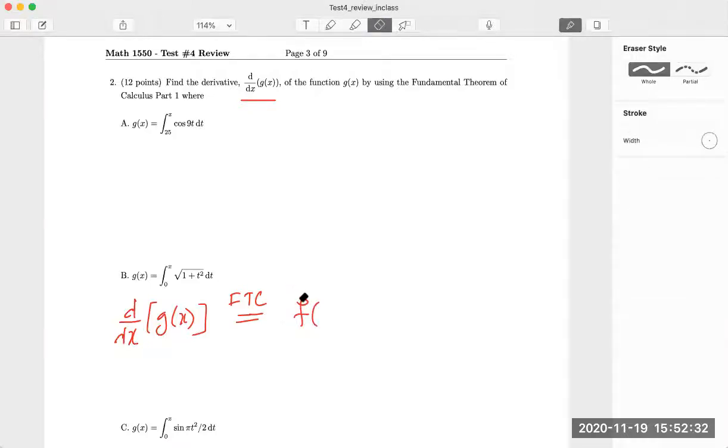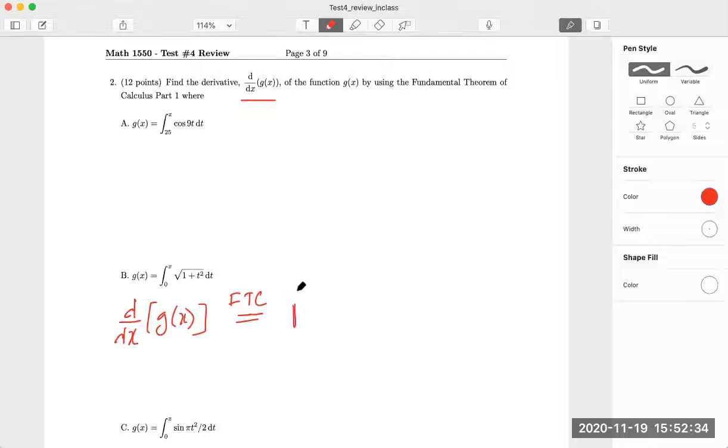Square root of 1 plus t squared. Okay, f of t is the square root of 1 plus t squared. And remember, the fundamental theorem of calculus tells us that it will be f of x, or in this case, it becomes this, okay? Very good, that's it.